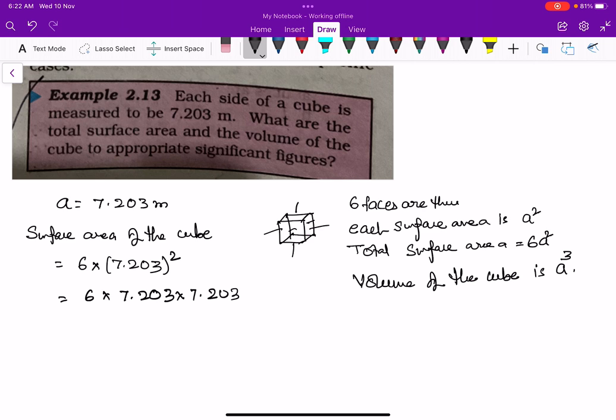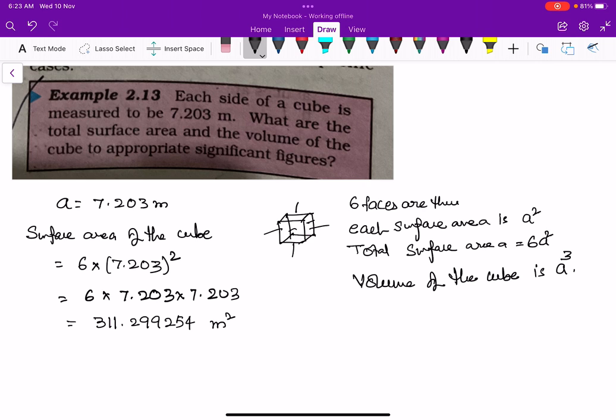The answer, if you calculate it, is 311.299. Of course, meter square is the unit. What is the final answer?